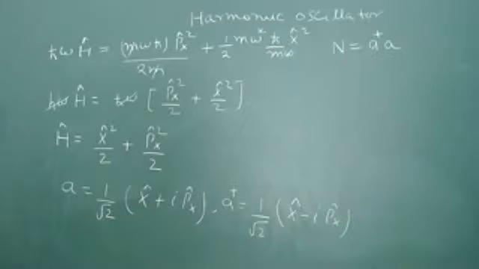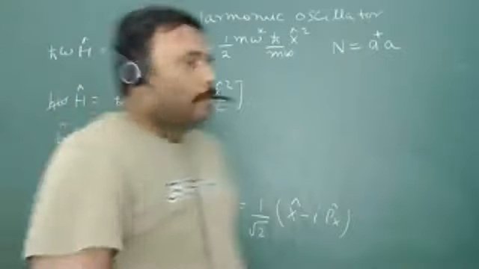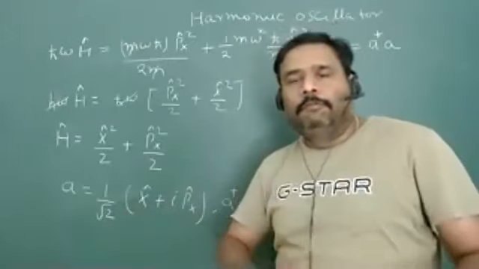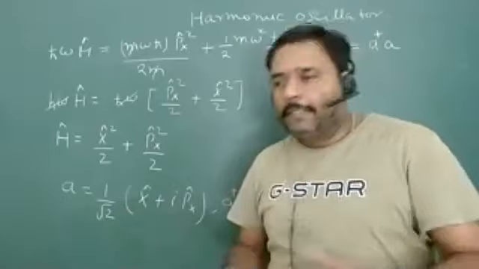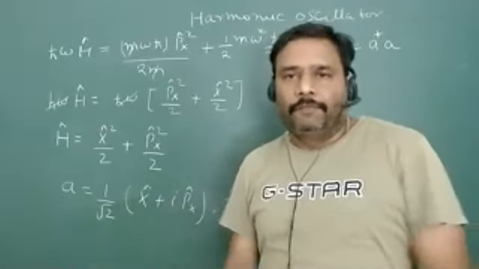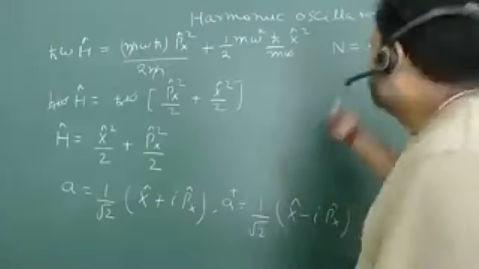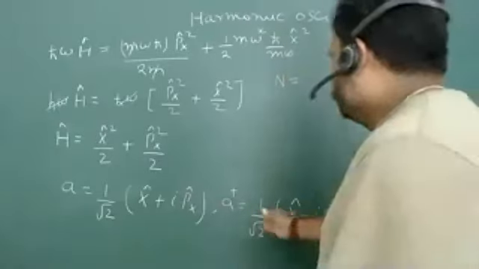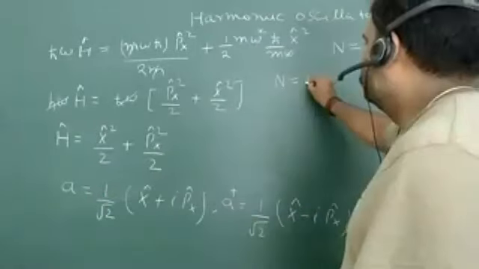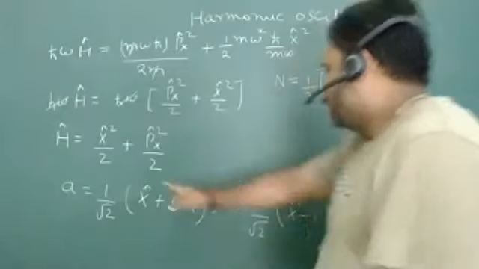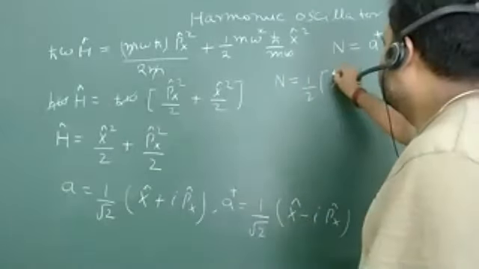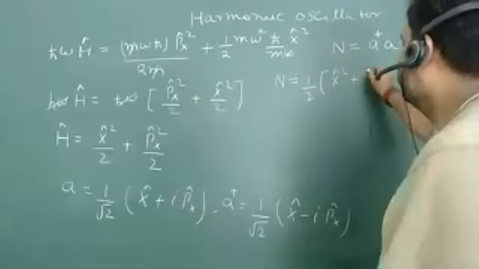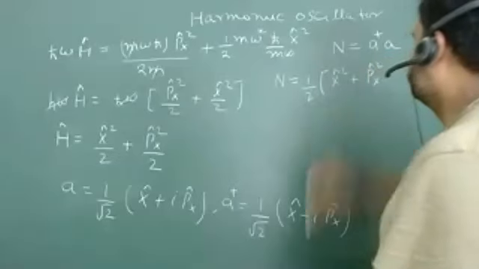What will happen with a dagger a? The n operator can be written as, and obviously everything is dimensionless, so you can do multiplication, addition, everything in a very free flowing manner. So n is equal to a dagger a, and 1 by 2 I can take together. So this will be 1 by 2 (x cap, x cap), so x cap square. i px minus i px will give px cap square.